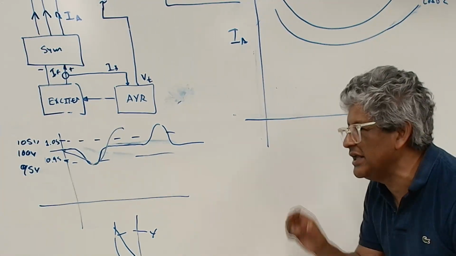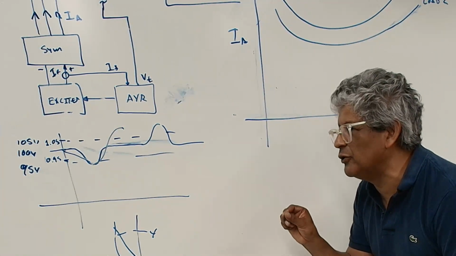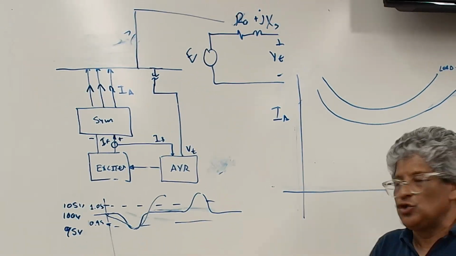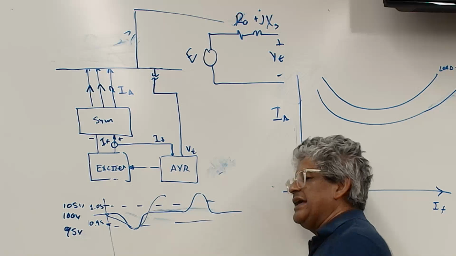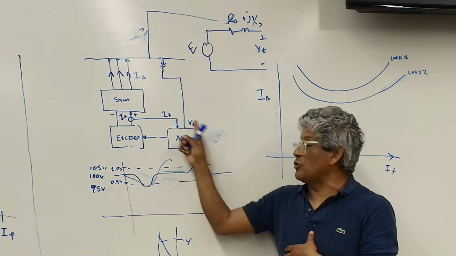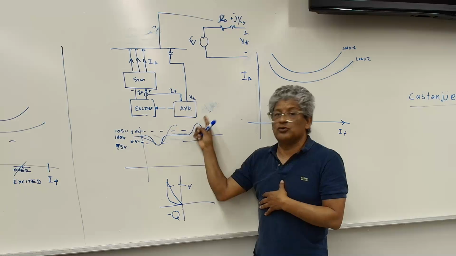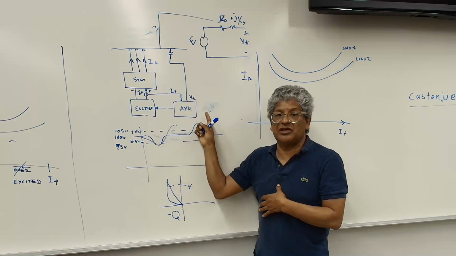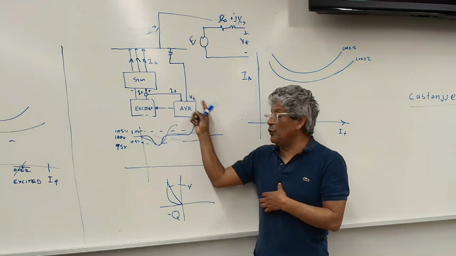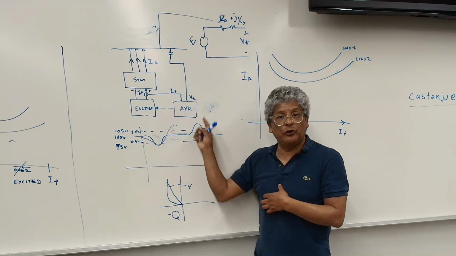Now, in real life, there are multiple ways to do it. Obviously, you don't have somebody looking at a plot and, if the voltage goes down, increasing the current. You have a control system. It's automatic voltage regulation. There's a control system on generators or motors to help you control the voltage.